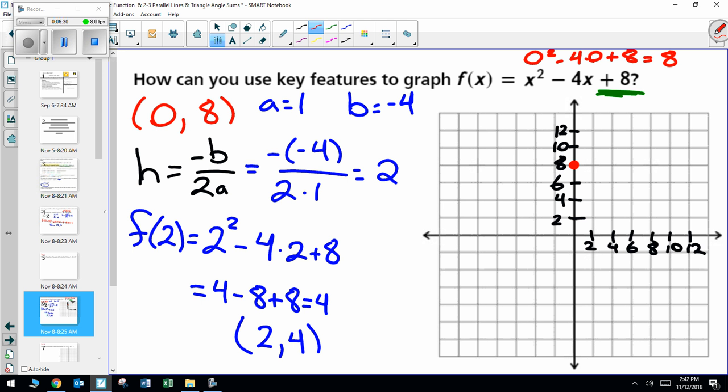My vertex is going to be 2, 4. And if I want another point, remember, the vertex is where my axis of symmetry is going to be. So any point on the left is going to be reflected the same distance away from the axis of symmetry on the right.